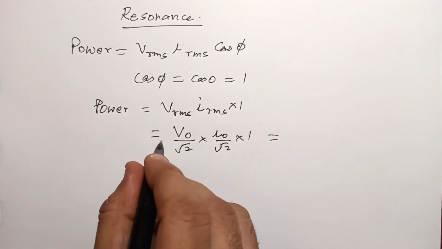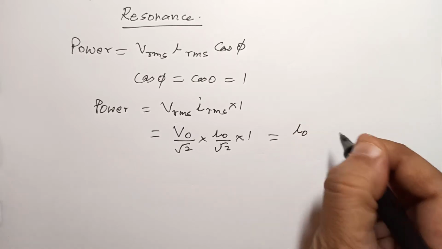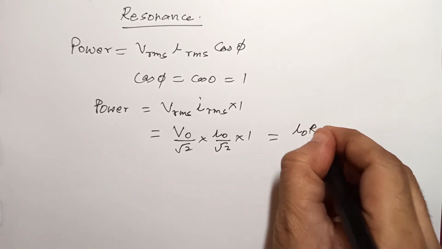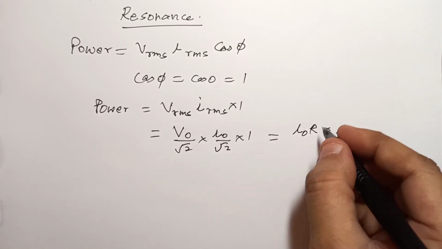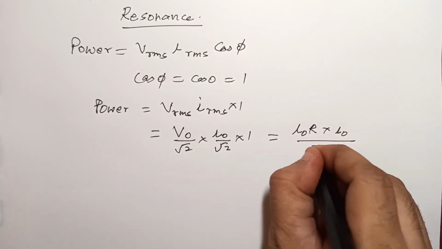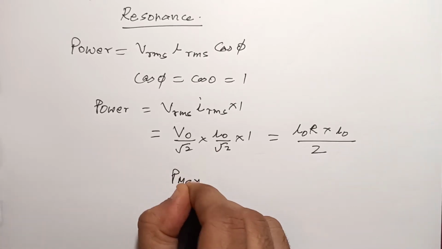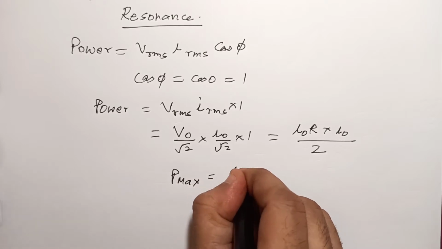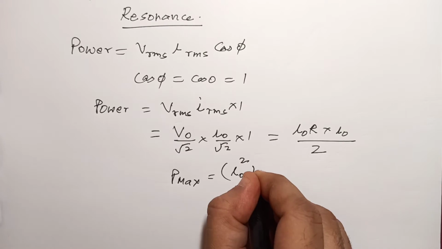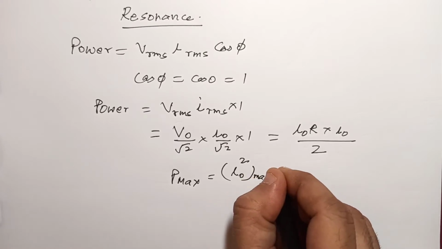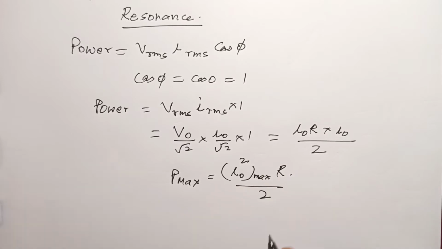Or I can say V naught is nothing but I naught R, and this is I naught by root 2 into root 2, which is nothing but 2. So power maximum is equal to I naught square into R by 2.